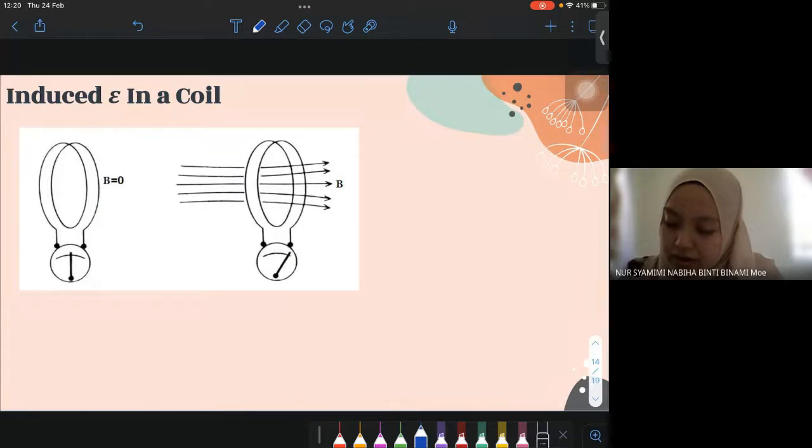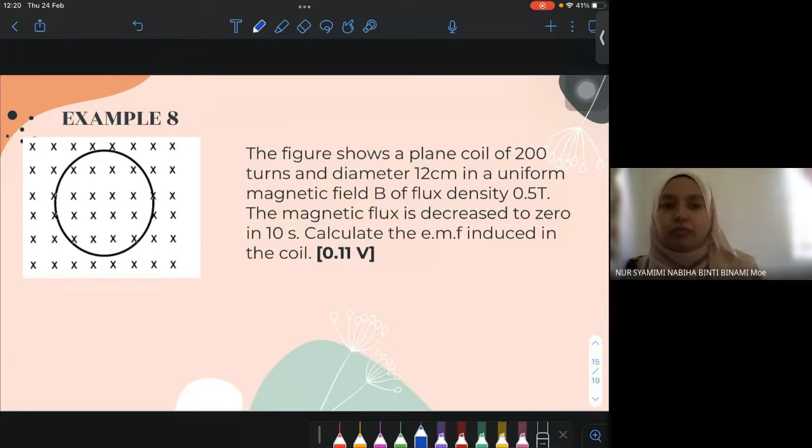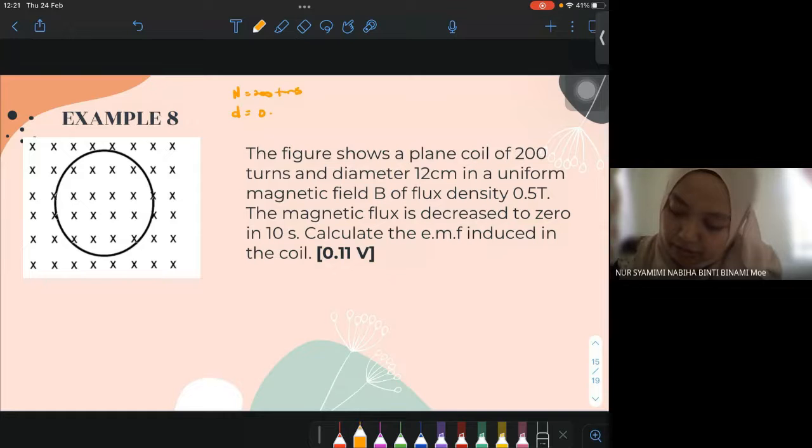Okay, and the question example 8. The figure shows a plain coil of 200 turns. So we know N is equals to 200 turns and diameter of 12 centimeter, 0.12 meter, in a uniform magnetic field B of flux density of 0.5 Tesla.